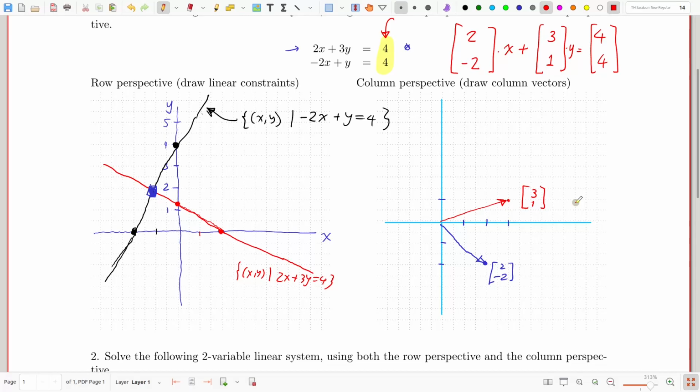In this case, where would you like to go? 4, 4. Our destination is 4, 4. How can you reach 4, 4 using 3, 1 and 2, minus 2?